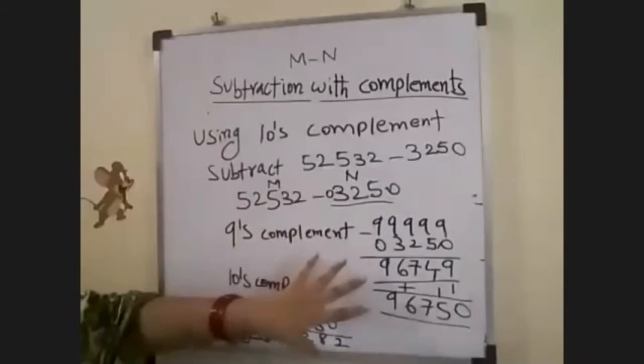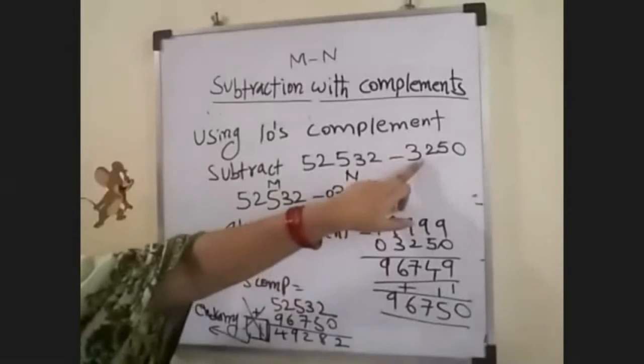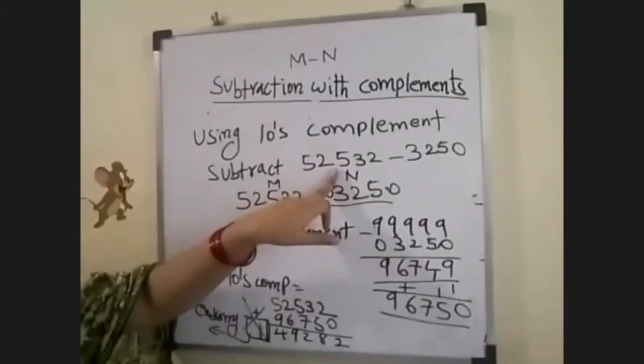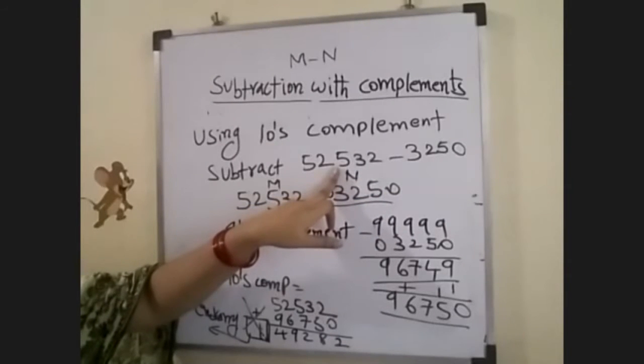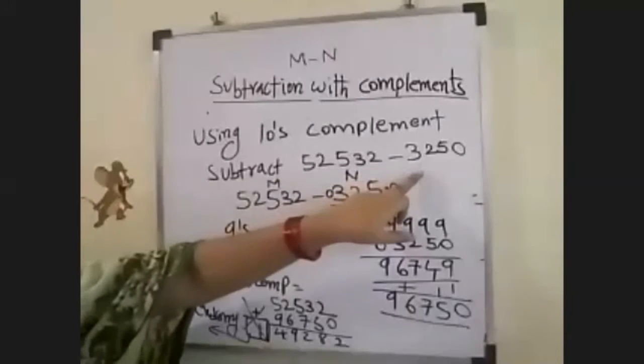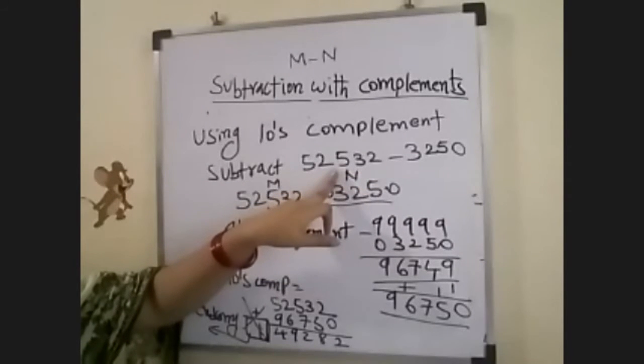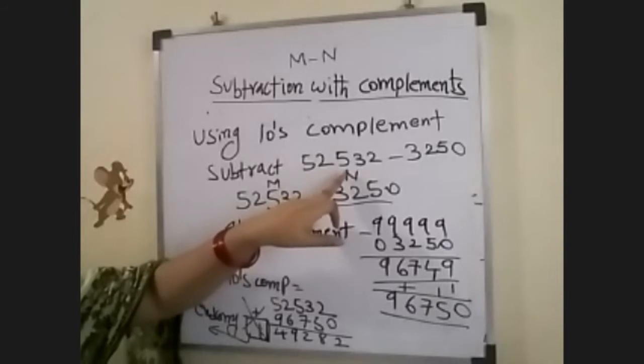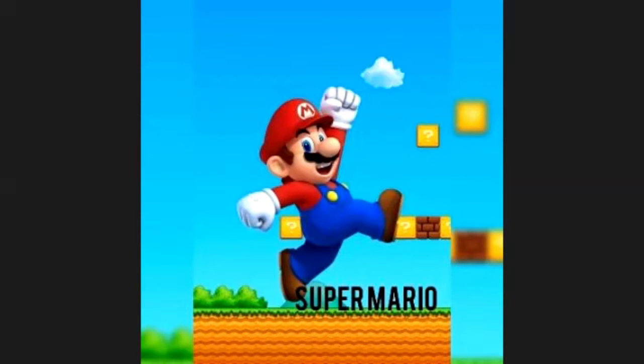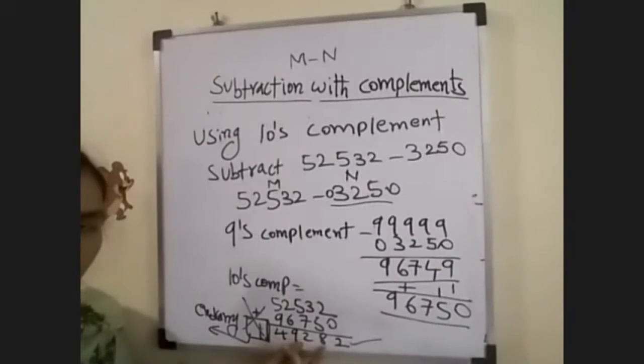So without this procedure, you can subtract this value from this number, then what is the result? 49282. So here this is also 49282, right?